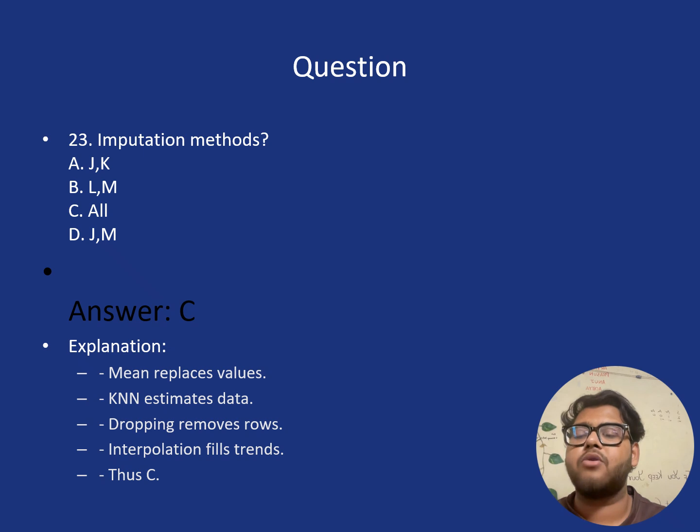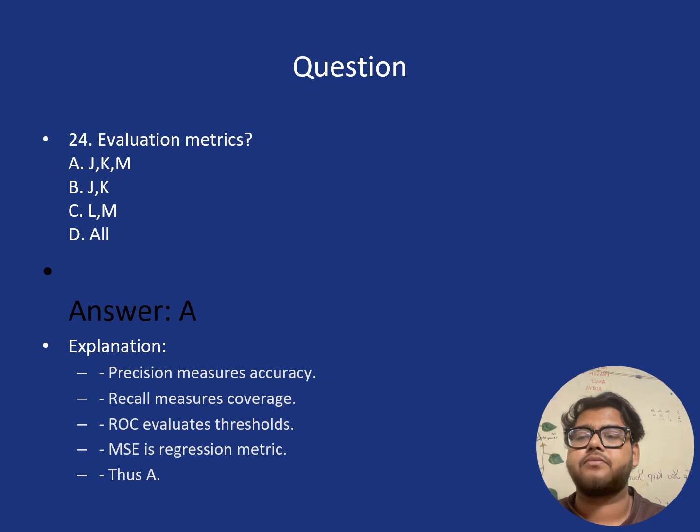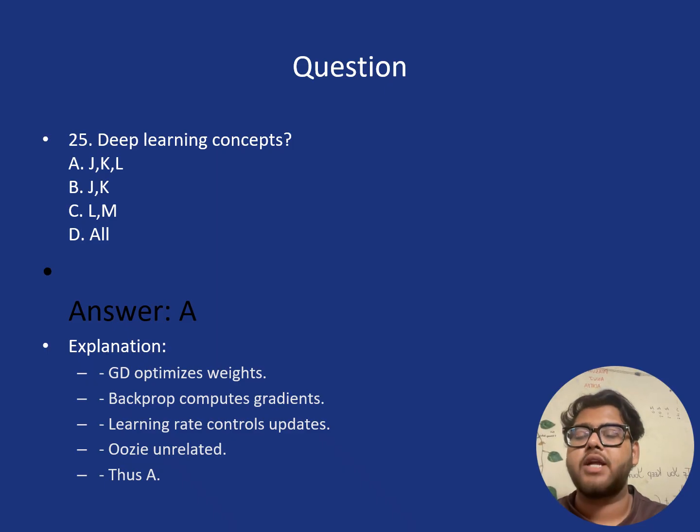Mean replaces value, KNN estimates data, dropping removes rows, interpolation fills trends. Evaluation metrics. All are correct: precision measures accuracy, recall measures coverage, ROC evaluates thresholds, MSE is regression metric. Deep learning concepts. GD optimizes weights, backprop computes gradients, learning rate controls updates, one option unrelated.